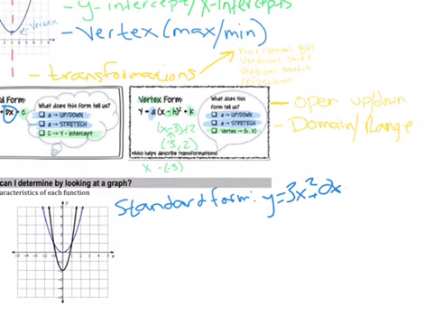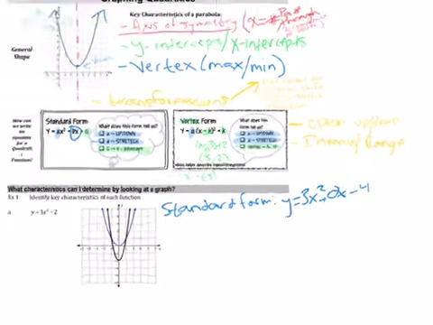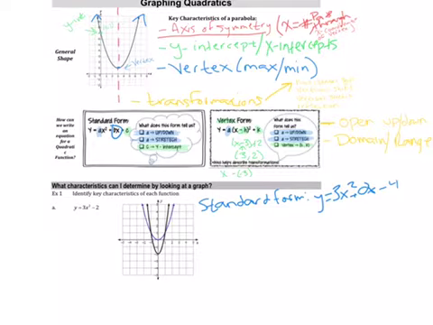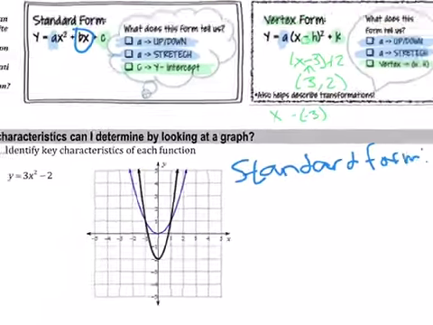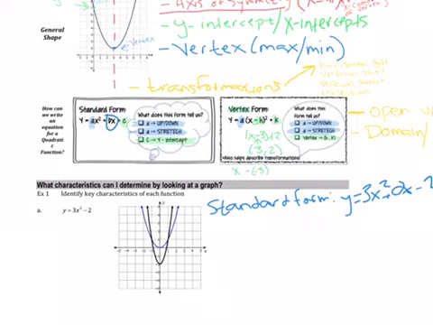And then we're going to have minus 2, because remember, that's giving us the y-intercept, and our y-intercept, if we look here, is going to be the negative 2. We'll get into that.